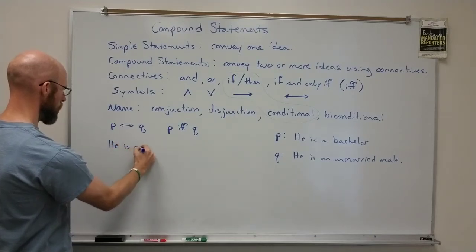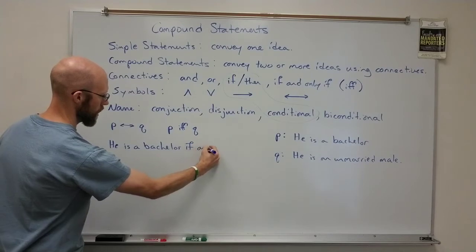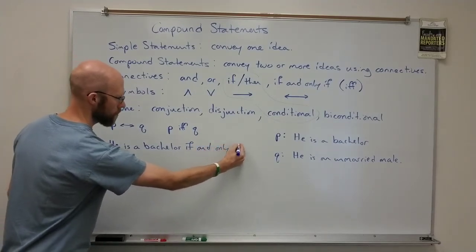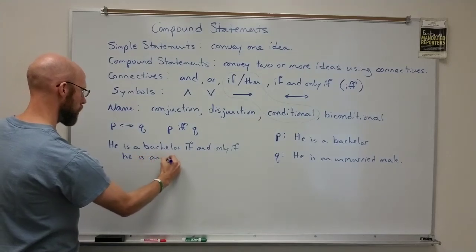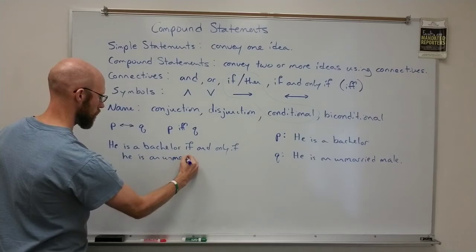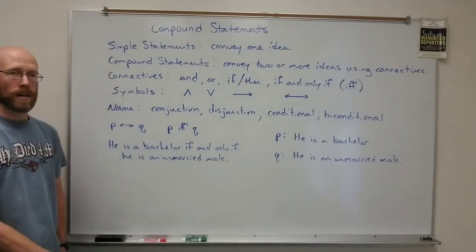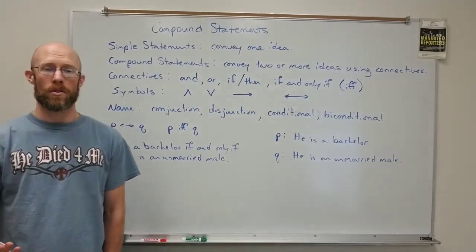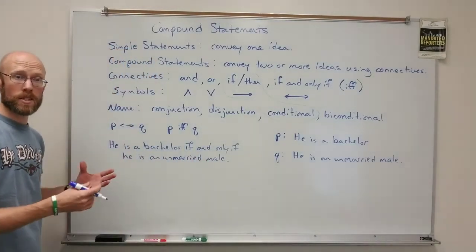And then if I were to write the full thing, it would say, he is a bachelor if and only if he is an unmarried male. Okay? Now, you can think of this in two different ways, two different conditional statements.